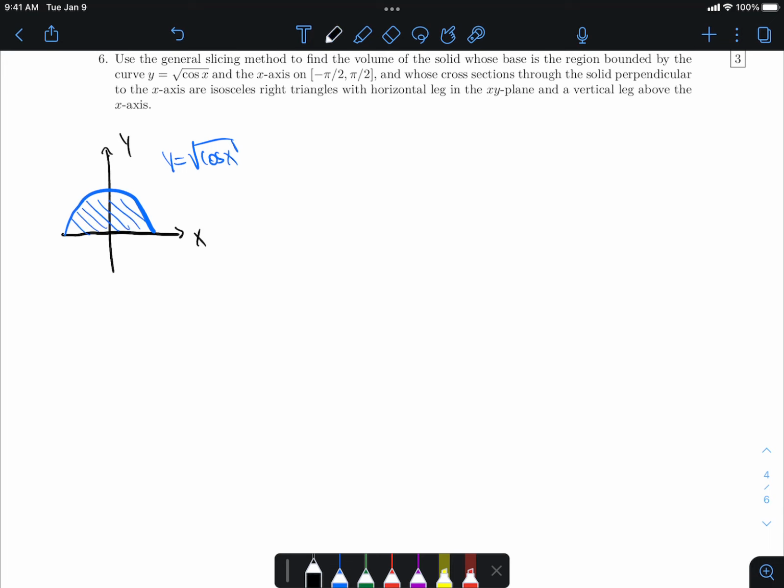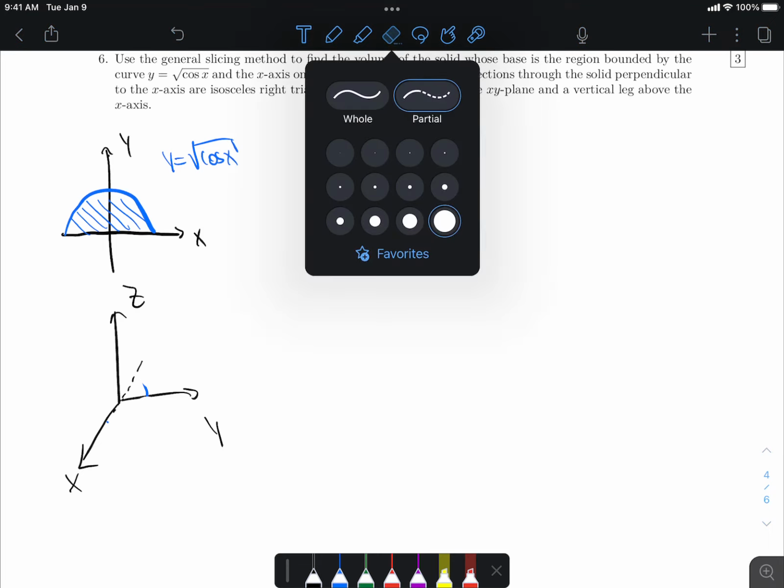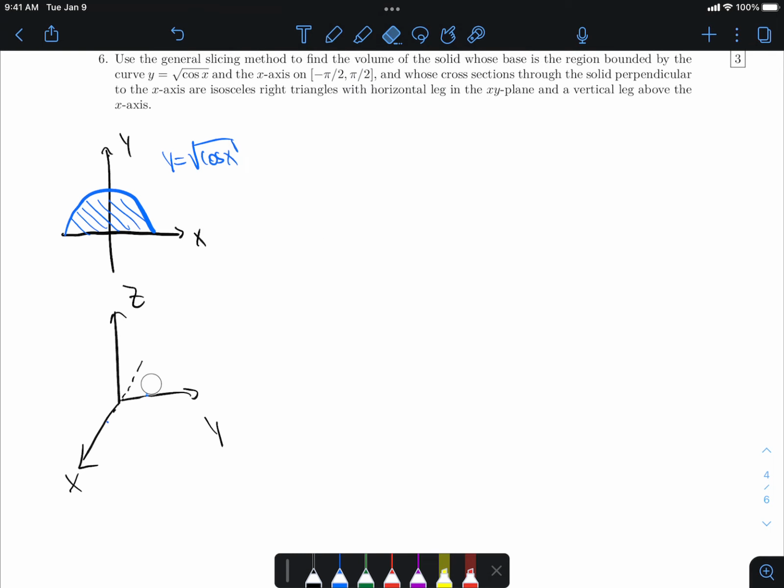But this is an area. When we're talking about volume, we're saying that if you do x, y, z, this little semicircle looking thing, which is not really a semicircle, but it looks like one, is on the floor, like on the ground, like that. And above each of those, we're drawing little triangles.